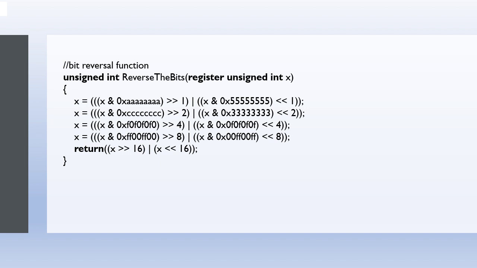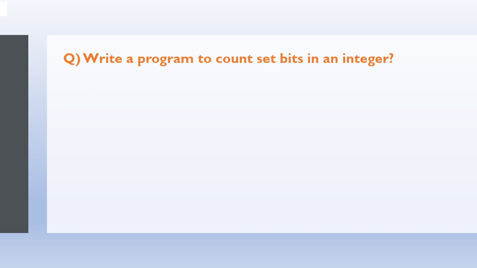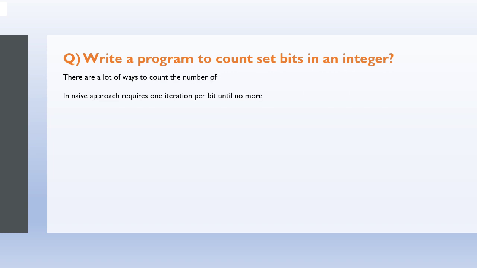The most frequently asked question: write a program to count set bits in an integer. There are a lot of ways of counting the number of bits in a given number. Here I am using 2 approaches. One is the naive method and the other is Brian Kernighan's method. The naive approach, which is what most people expect, uses 1 iteration per bit until no more bits are set.